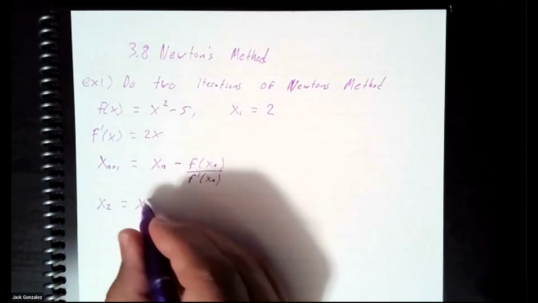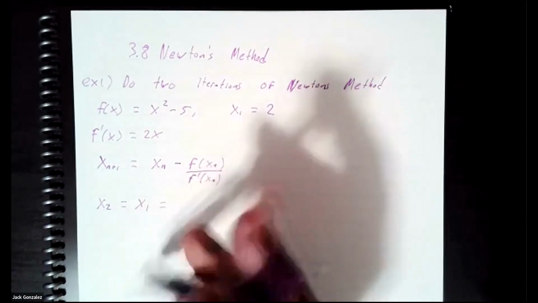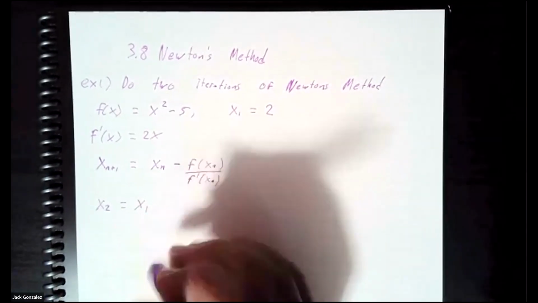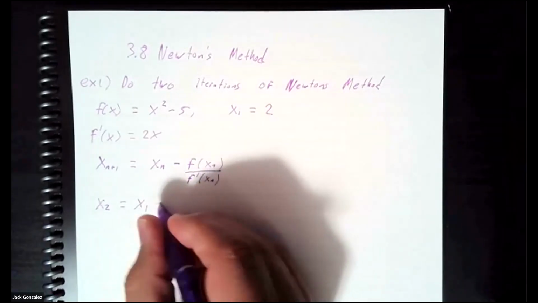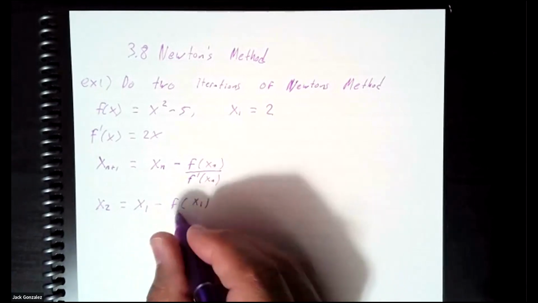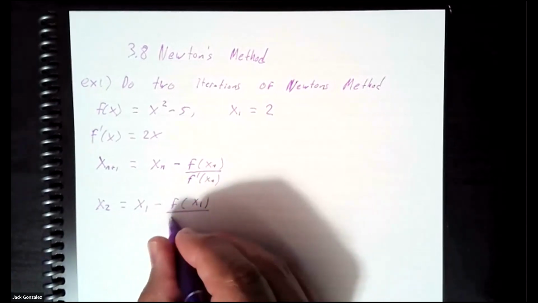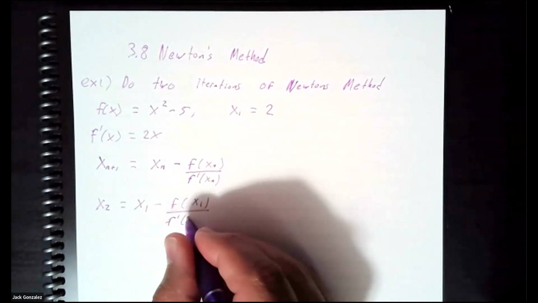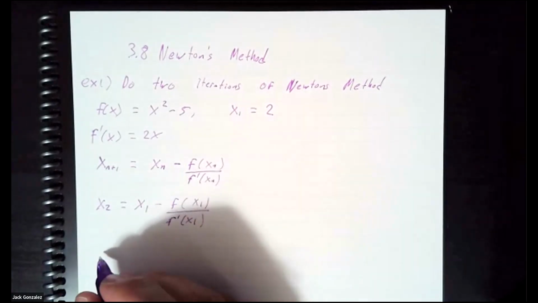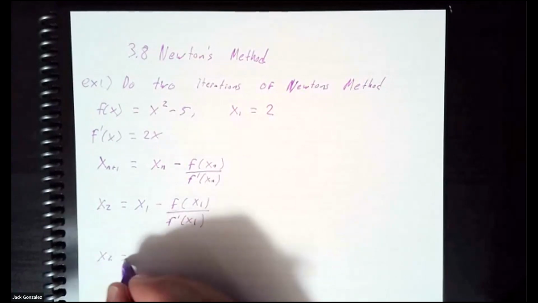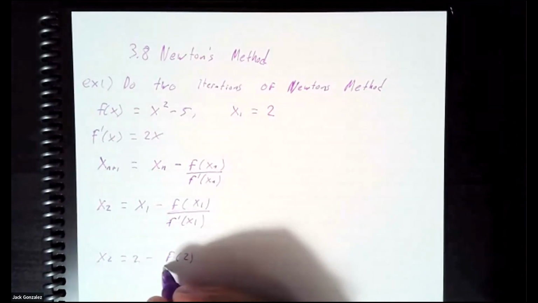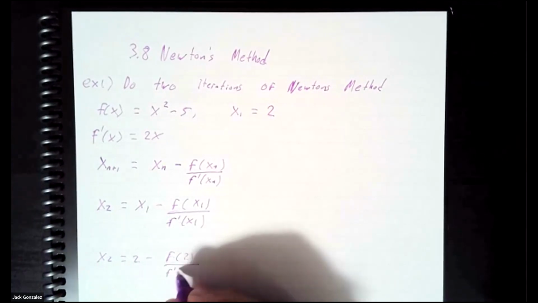That is equal to x1 minus f of x1 over the derivative at x1. So that's equal to 2 minus f of 2 over the derivative at 2.